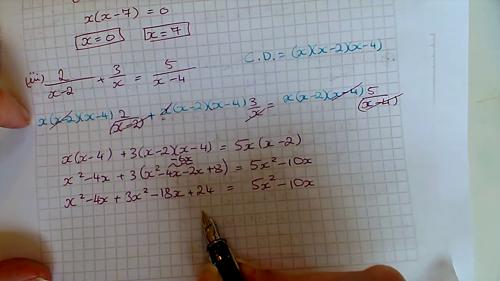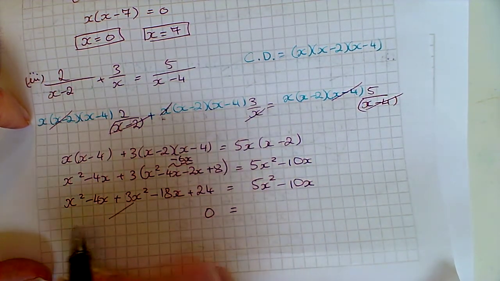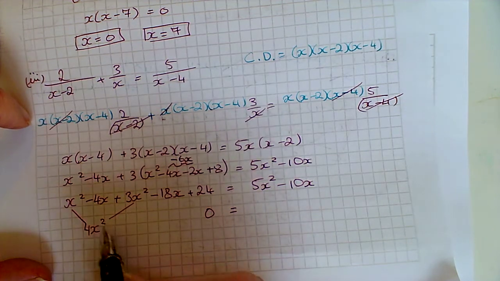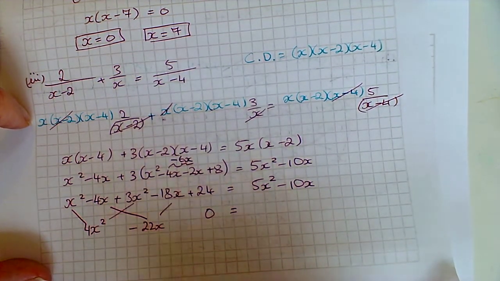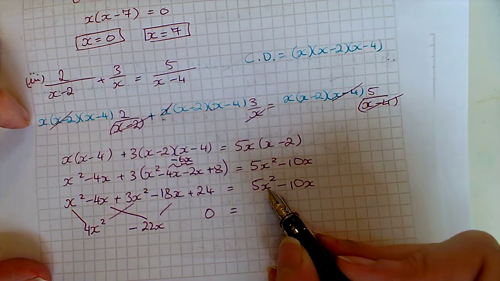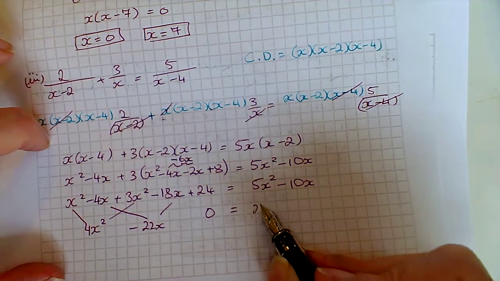We bring everything to one side, and that's going to give me 4x squared. Those guys are going to give me minus 22x when I'm bringing them over. 5 minus 4 is 1, x squared.